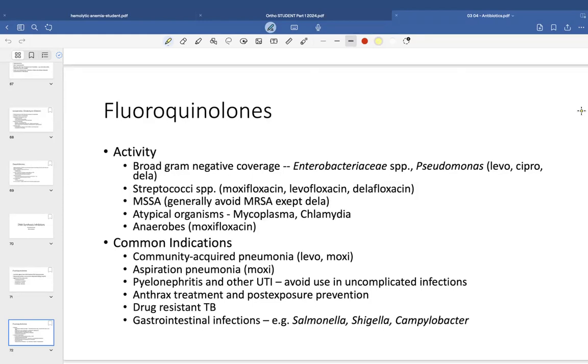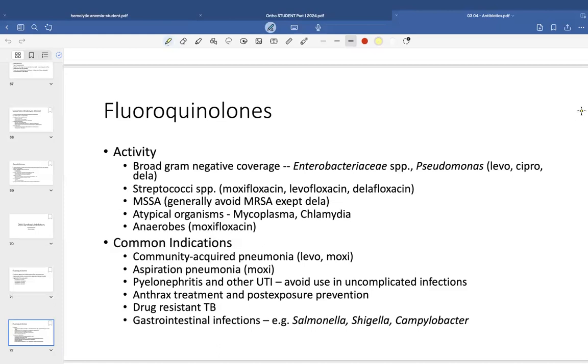They help for atypicals, and Moxi is good for anaerobes. It used to be that we used these pretty regularly for community-acquired pneumonia. We've cranked that down a little bit, but it still can be helpful for that. Aspiration pneumonia, because of the anaerobes that are usually implicated, also makes sense.